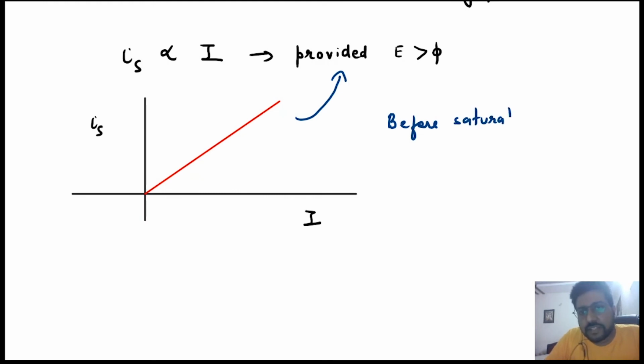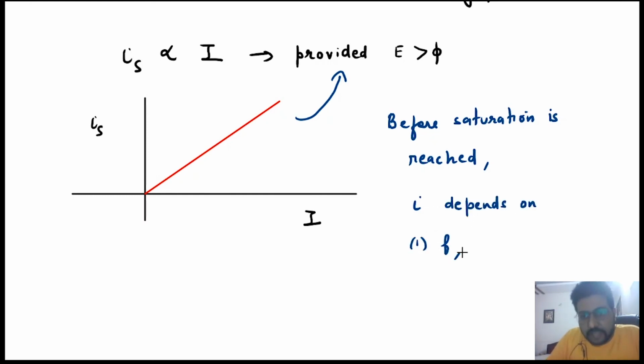Now, before saturation is reached, the current depends on a lot of factors. First is the frequency. Second, the more important one, is the accelerating voltage. Obviously the intensity, and the work function also. So before saturation is reached, current depends on all these factors.